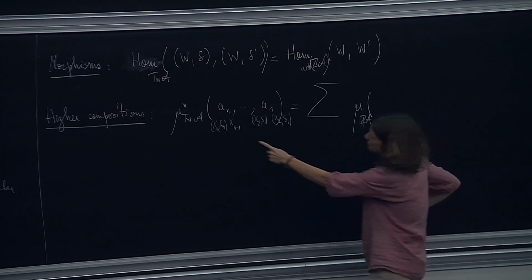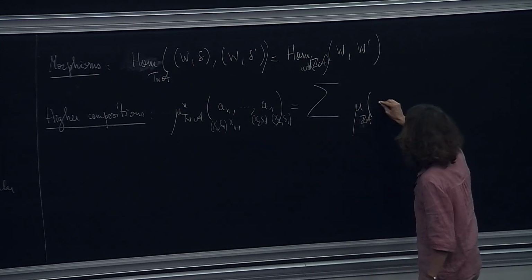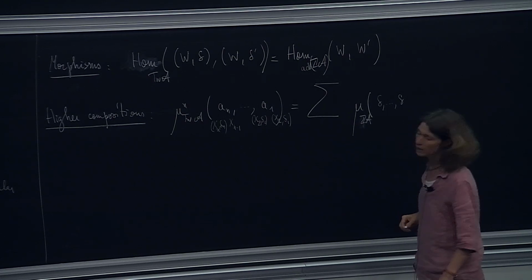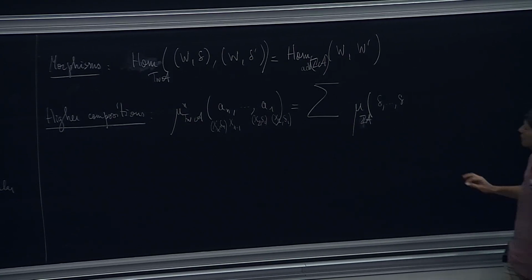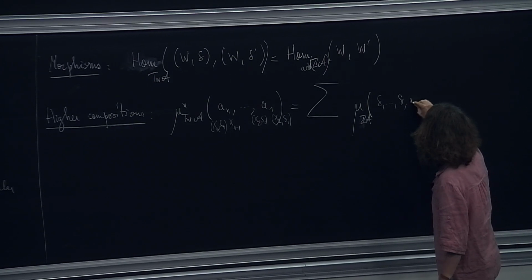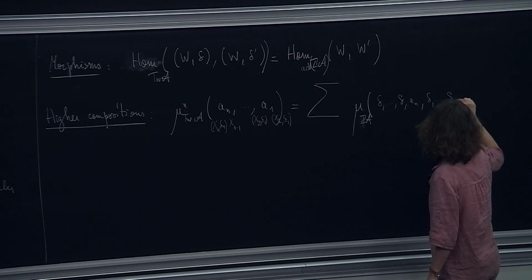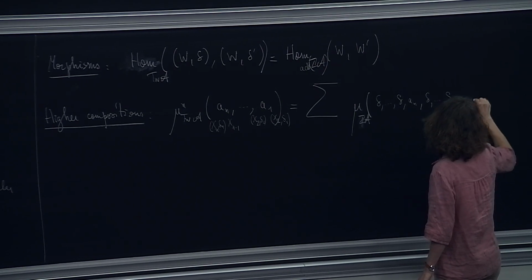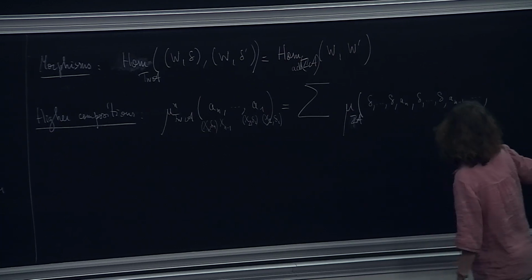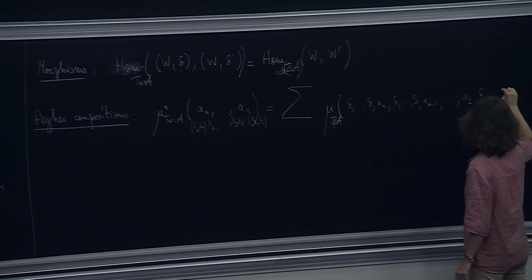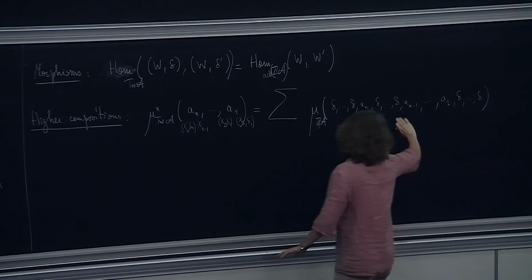So some part of the delta. It's almost impossible to write it in a rigorous way, so I'm just writing it like this. And here maybe I could add some deltas, or it could be empty also.